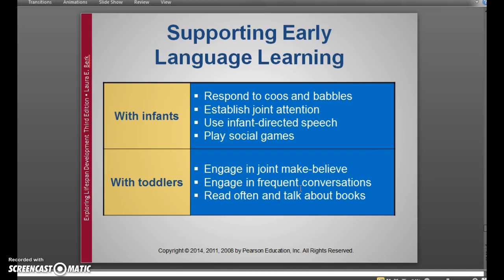Read books to them and talk about books. Both age groups will develop language quickly when they have these features, and you want to be aware of these, and you're going to utilize them as you progress into nursing. If you move into pediatric nursing, this is how you interact with those children.